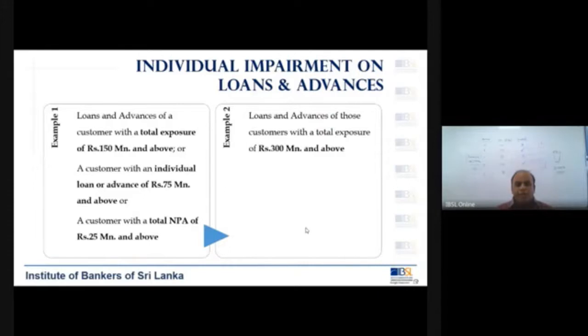Or if the customer's individual loan is 75 million or above, you can say it is subject to individual impairment. So these are various examples of the customer threshold for individual impairment. You have to remember this because it has been tested in the examination.